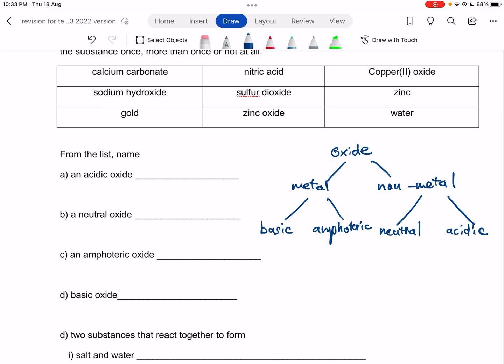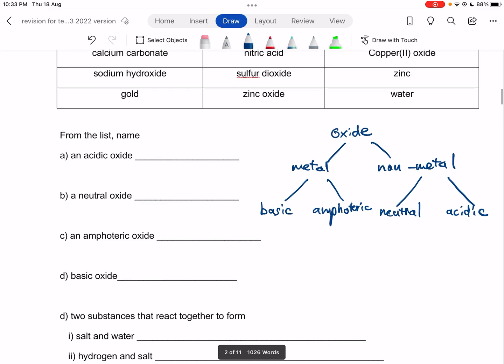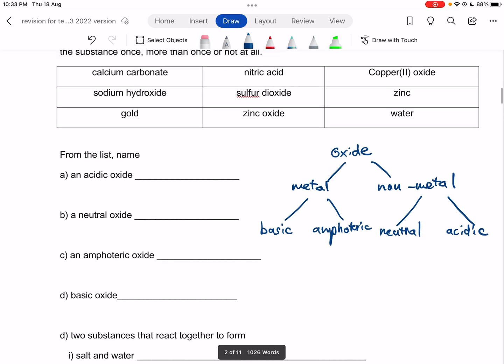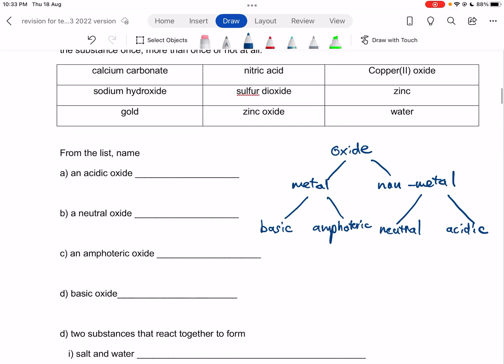Usually how I remember is I try to remember the exceptions under metal and non-metal, and then the rest. What do I mean by that? For example, amphoteric, there are only three kinds: zinc oxide, aluminium oxide, and lead-2 oxide.